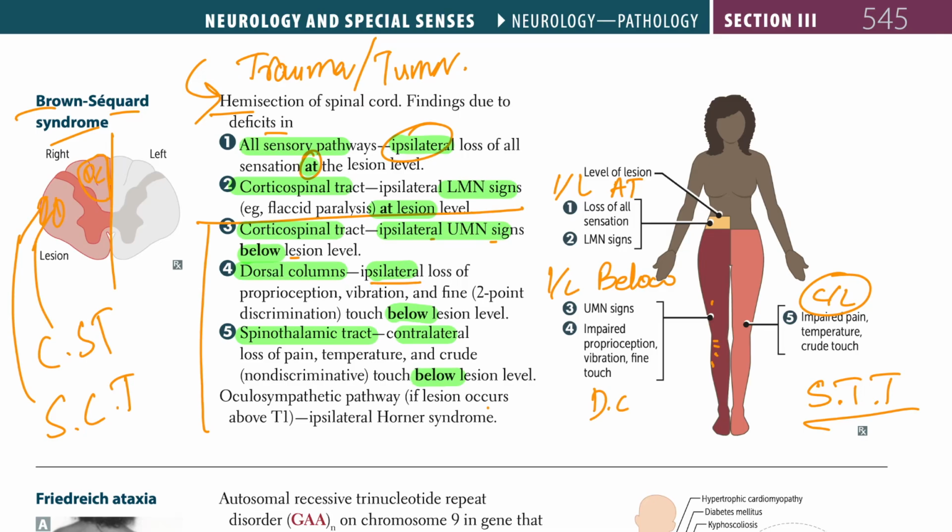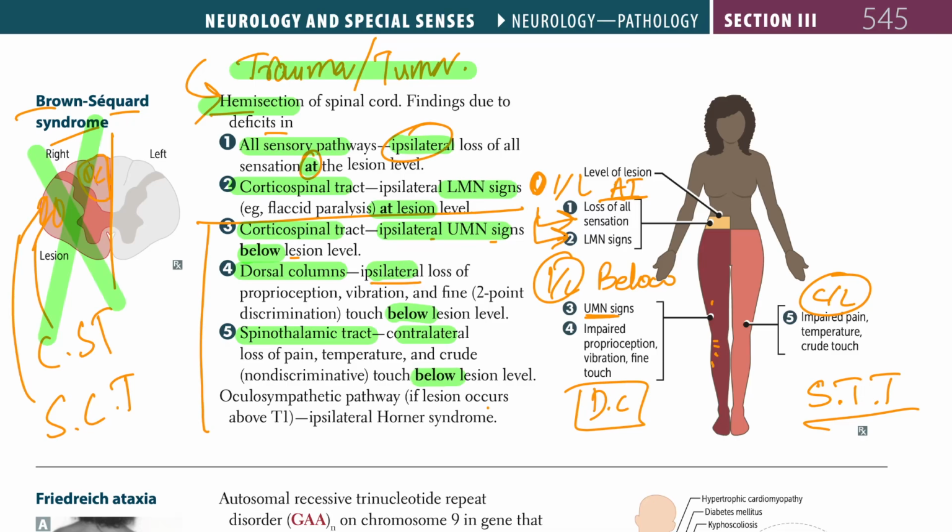Okay, let's make things simple now. A trauma or tumor that causes hemisection of the spinal cord causes a patient to have a couple of things. First, they have ipsilateral loss of all sensation at that level, with lower motor neuron signs at that level. Below that level, ipsilaterally, they will have upper motor neuron signs and loss of dorsal column.